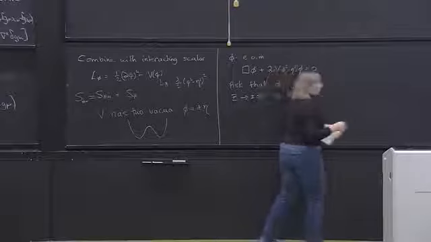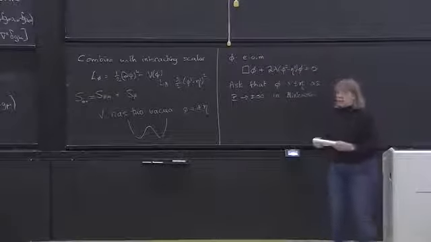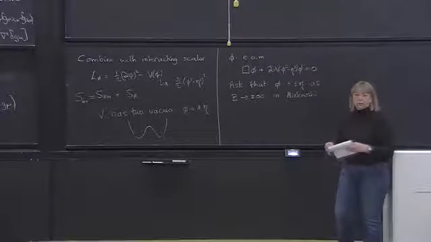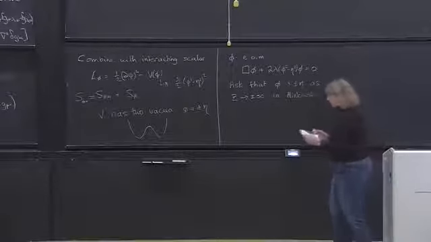So I'm first of all going to think about this in the absence of gravity so that I can understand what I'm trying to do, and then I'm going to pull gravity into the picture.